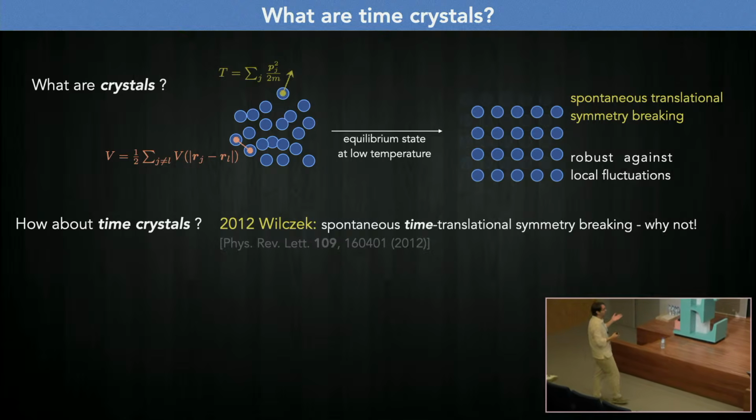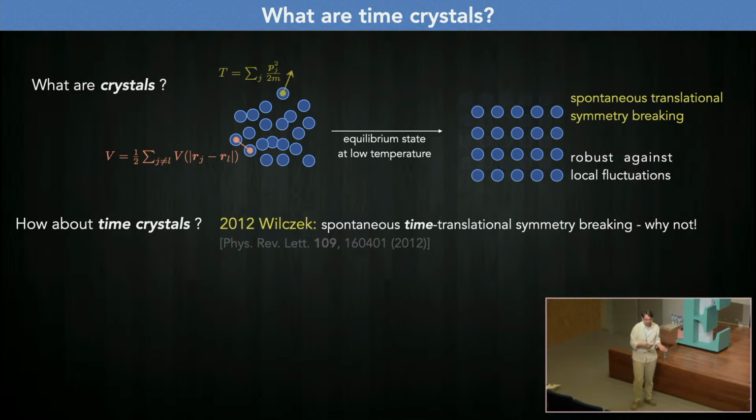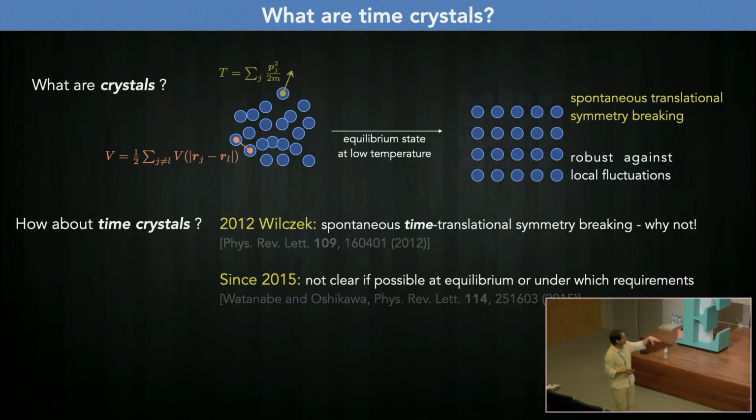So why not? He gave a model, then the model was criticized later, in particular in 2015. Some people claim that they have proven that at equilibrium this is impossible. Then some people proved that this proof was not completely clear, and in particular, it assumed certain things that you can use to get out of the no-go theorem.